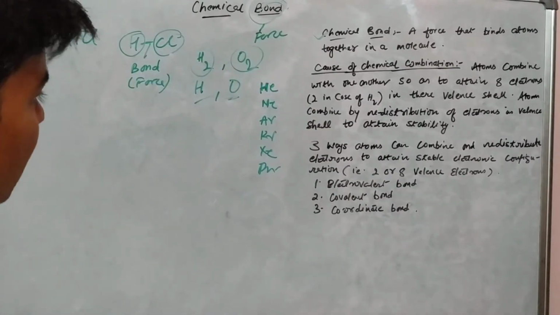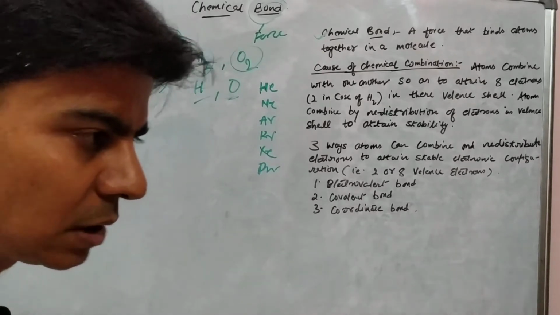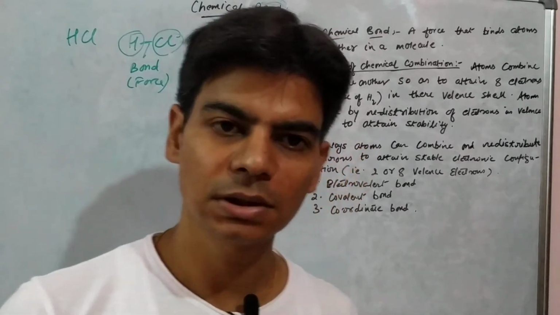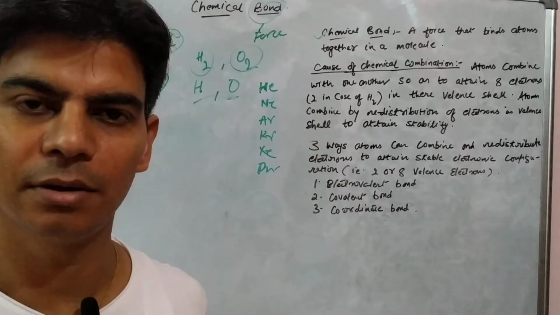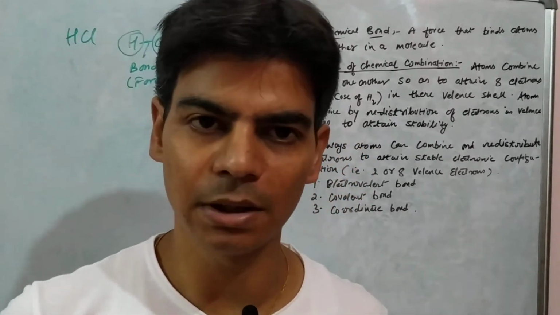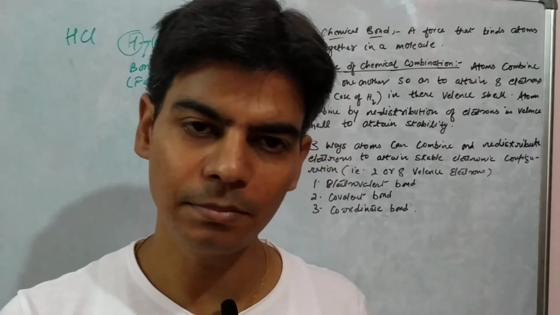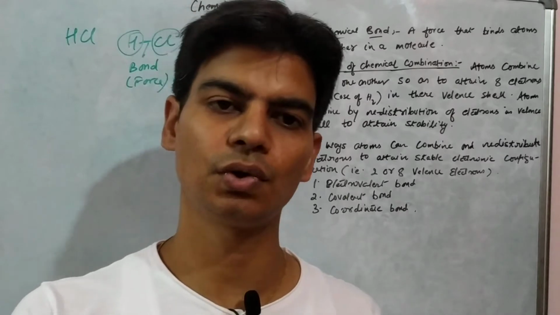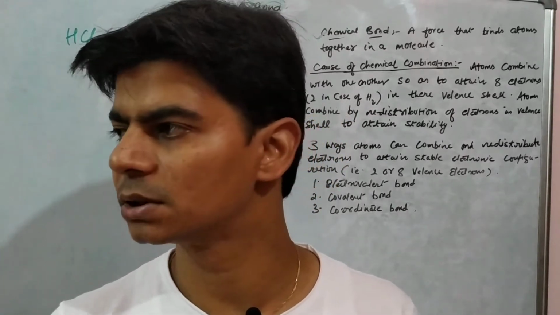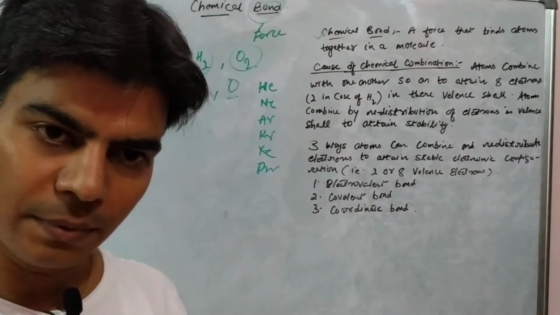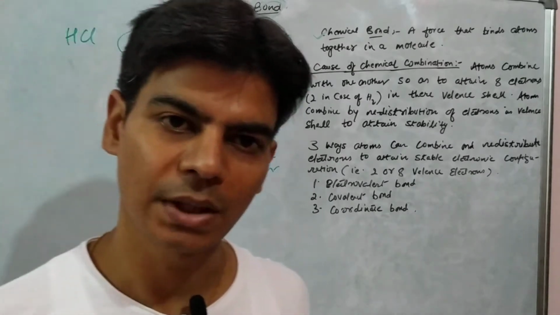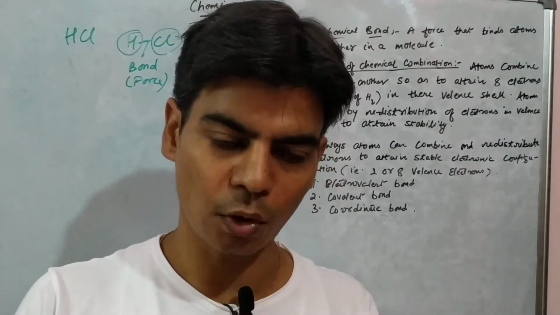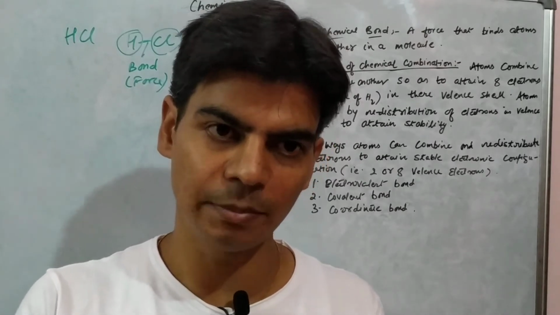So let's first answer this. We know that everything in the universe tries to attain stability. Everything wants to become stable, so as to attain a state of minimum energy. Similarly, atoms also want to attain stability and exist in a stable form.